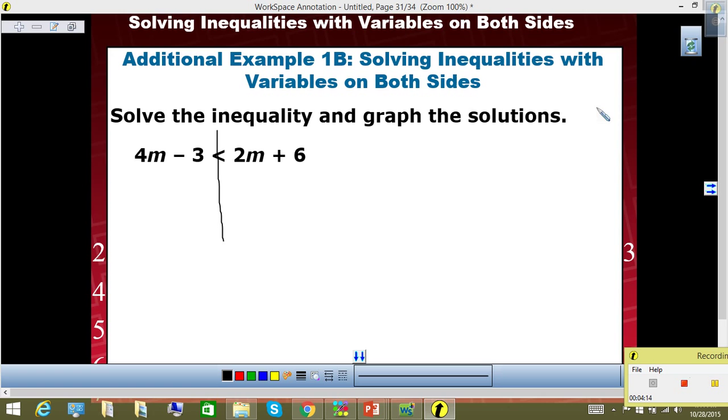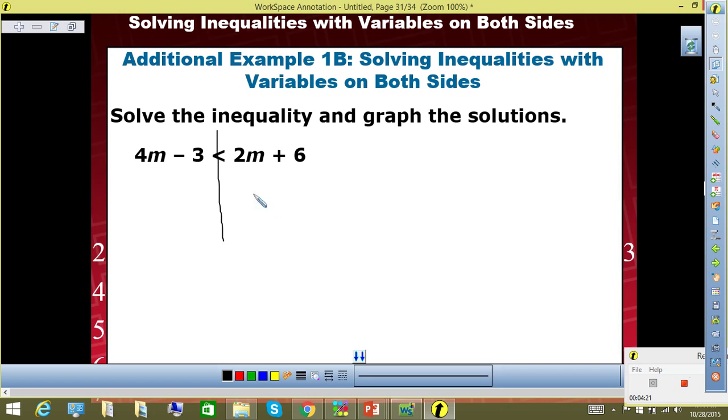All right, help me with this one, please. Julian. What do I do from there? What's that? Where do I start? We can't simplify here or here, therefore we need to get all variables to one side.